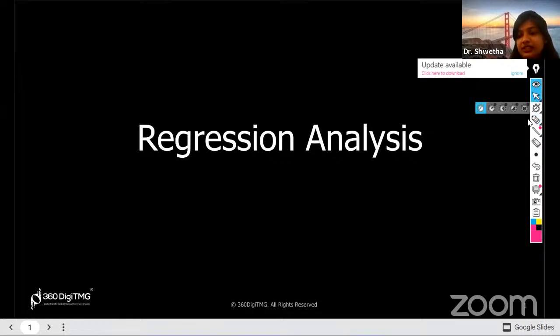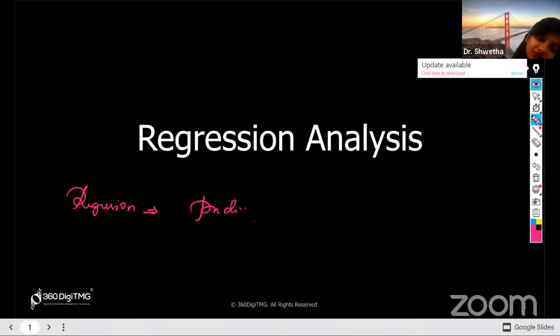In supervised learning, we are talking about regression analysis today. Now, we apply a regression analysis when we want to predict our y. Now, this prediction is based on an independent variable. Now, say there are two continuous variables, x and y. And the relationship between x and y is found out.